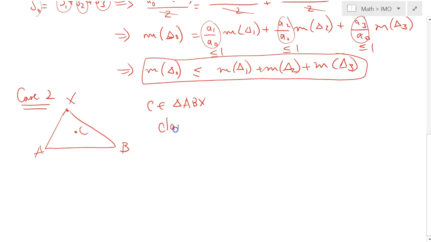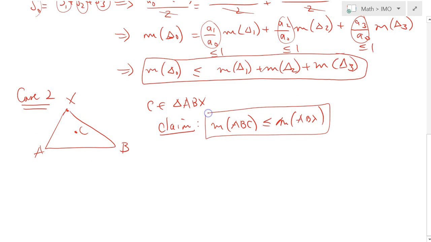I claim that M of ABC, meaning the shortest altitude in triangle ABC, is less than or equal to M of ABX. Whenever a point is inside a triangle, I claim this relationship holds.